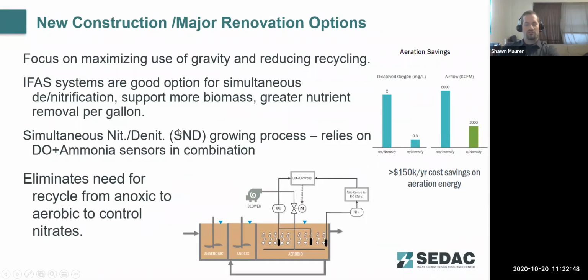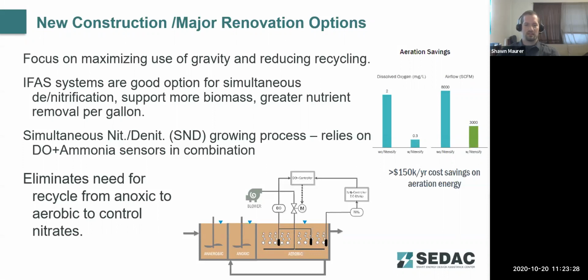But what about for new construction, or if you're having a plant that's doing a major renovation and kind of changing the process out altogether? You want to focus on maximizing the use of gravity through the plant and reducing recycling as much as possible. Again, that's where your biggest energy penalty comes from doing enhanced biological nutrient removal, are those recycle streams that are necessary. You'll have generally a recycle stream coming from the end of your aerobic zone feeding back into your anoxic zone, and usually the end of the anoxic zone feeds back into the head of the anaerobic zone.